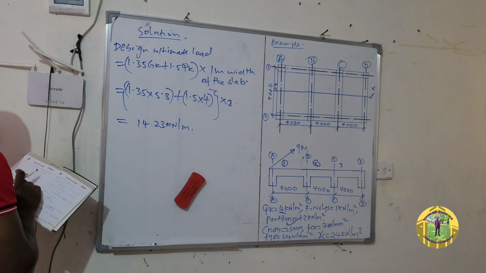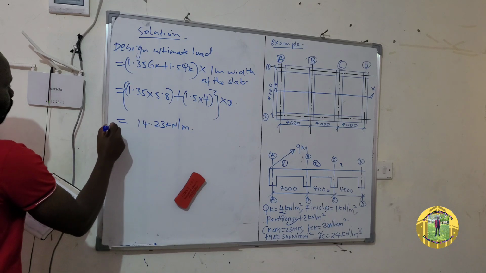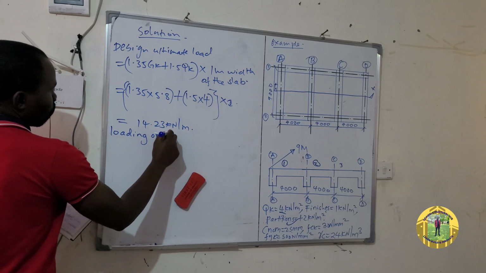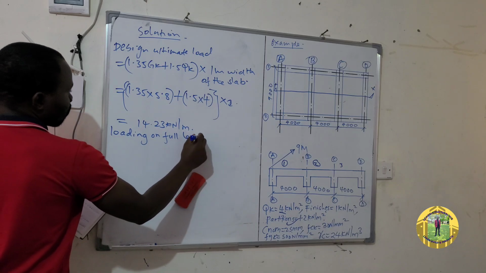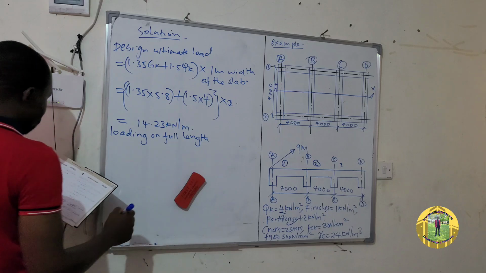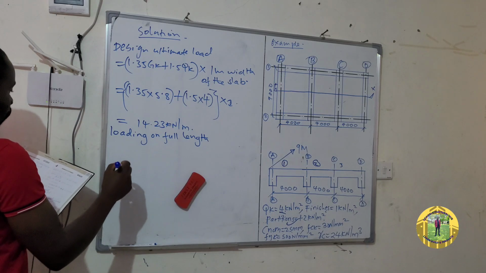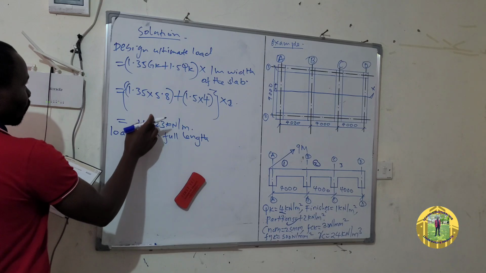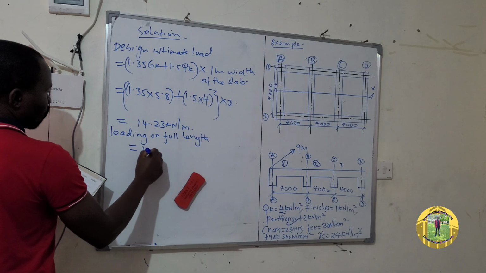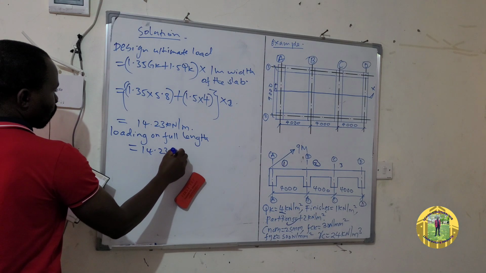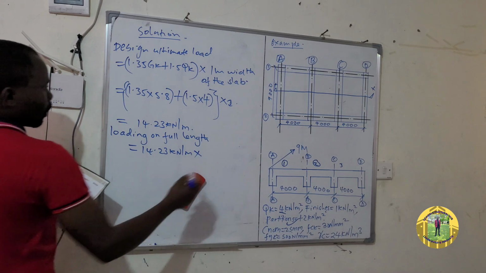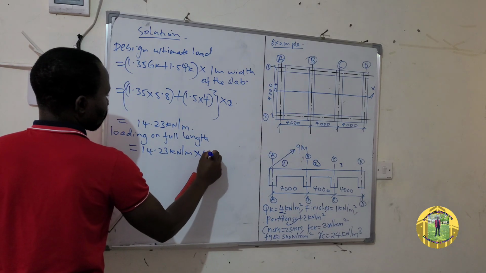And from there, we can again calculate loading on full length. So loading on full length is equal to the design ultimate load, which is 14.23 kilonewton per meter, times the span, which is 4 meters.